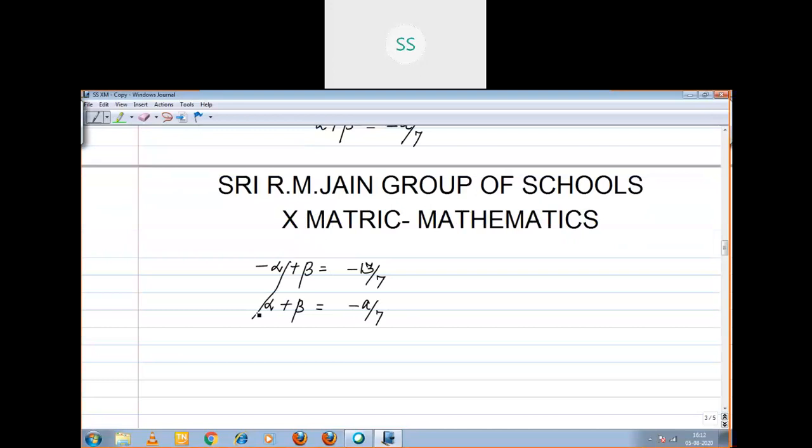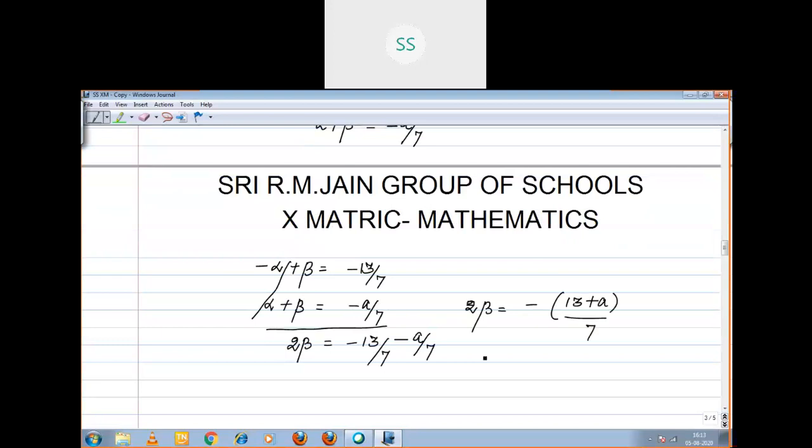So alpha cancels. What do you arrive at? 2 beta equal to minus 13 by 7 minus a by 7, which implies 2 beta equal to minus of 13 plus a by 7.